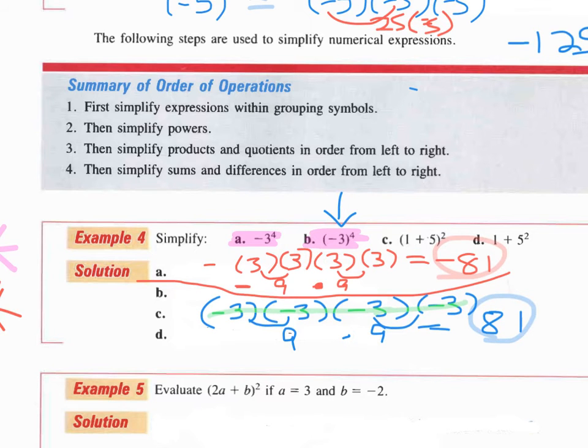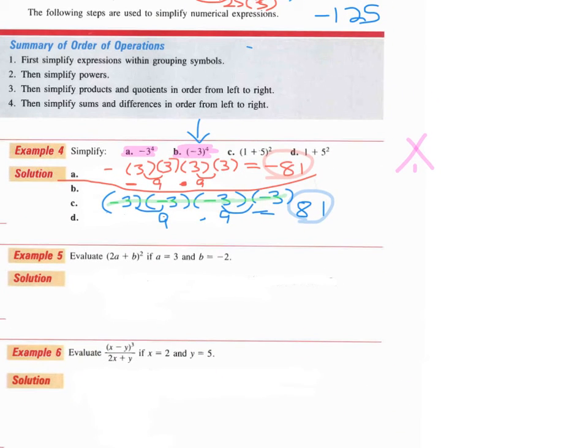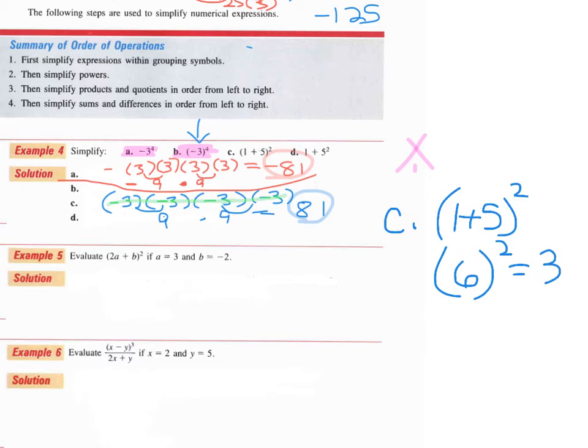On part C, I'm going to follow order of operations. So here is part C. I'm going to do the grouping symbols first, or the parentheses first. 1 plus 5 is 6. 6 to the second power equals 36.